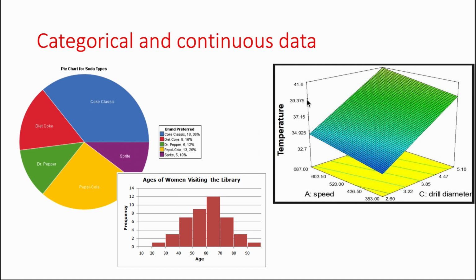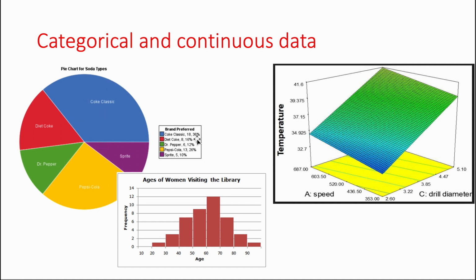A pie graph is a great example of categorical data, and one way to distinguish categorical data from continuous data is if you can see a figure and actually jumble the data around. So it doesn't matter where.